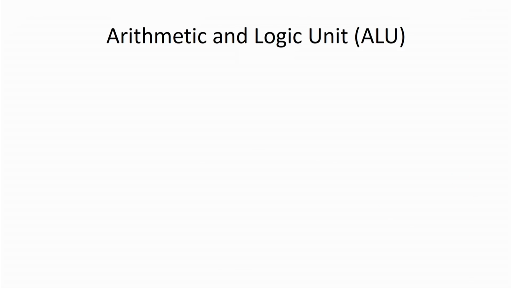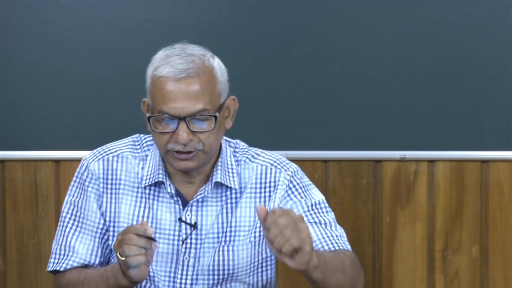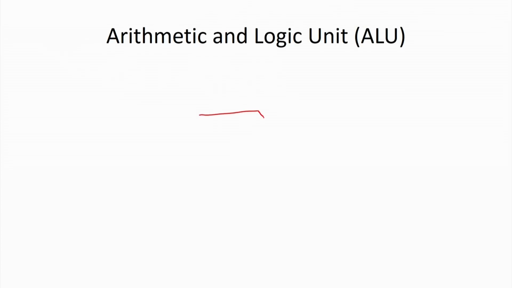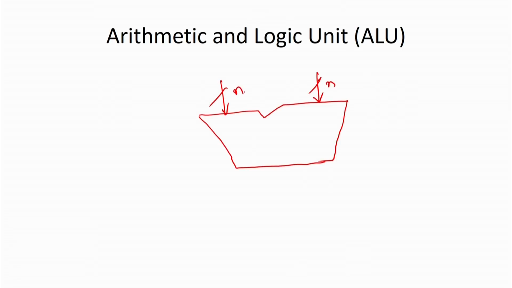So, now let us see how we are going to construct it. Say this is the ALU, I am having these 2 n-bit inputs, say this is A and this is B, and here I am going to get an n-bit result. Say I am having these processing elements.